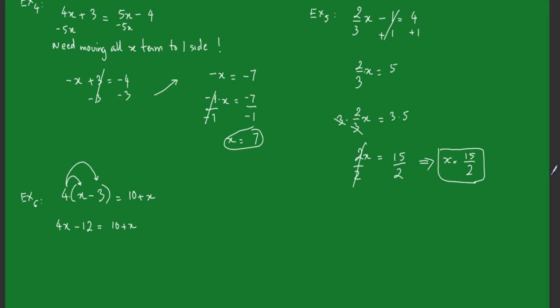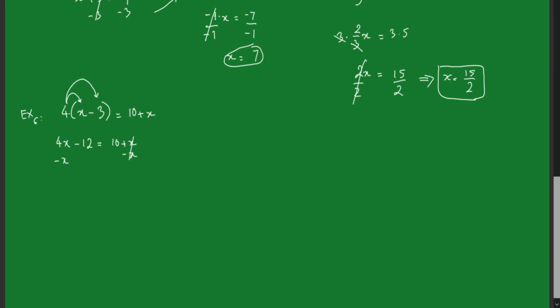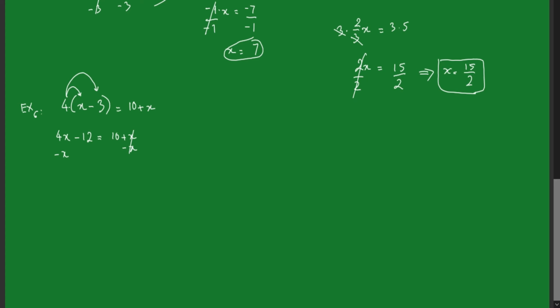So I need to bring this to this side, so I'm going to subtract this one. What I have is 4x minus x, which is 3x, minus 12 equal to 10, and I'm going to add 12 to both sides.